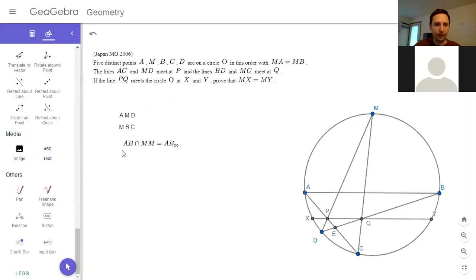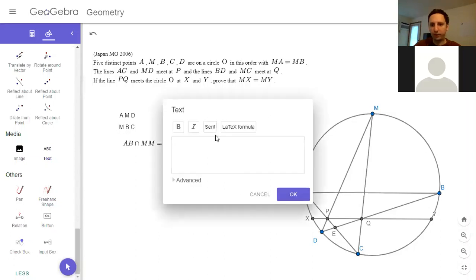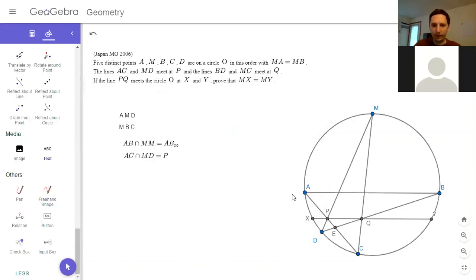And then we have AC intersects MD at P. And we have MC intersects BD at Q, and so that would solve it.